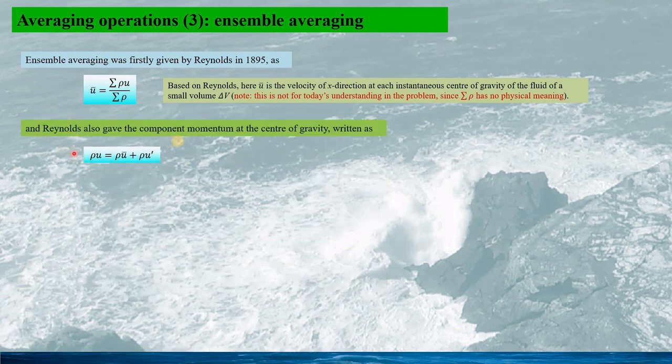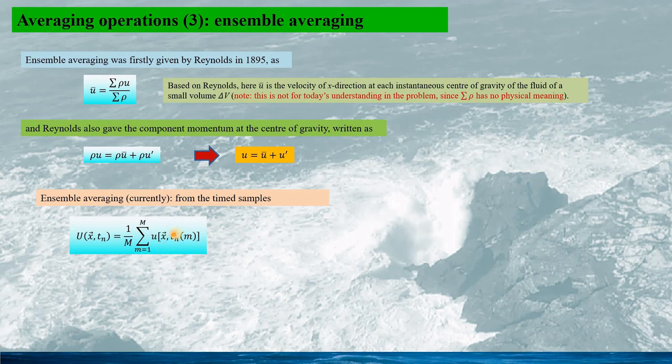Reynolds also gave the component momentum at the center of gravity, written as this. And we can easily derive the velocity expression, the mean velocity plus the fluctuating velocity.